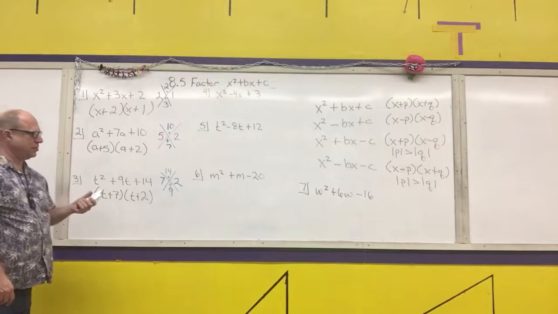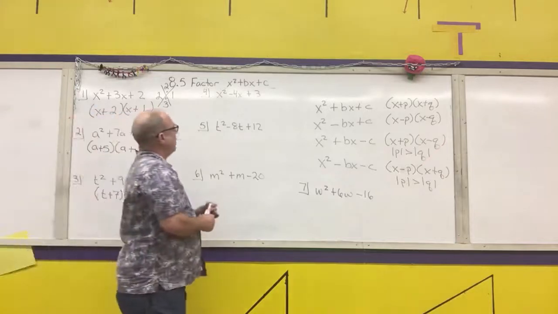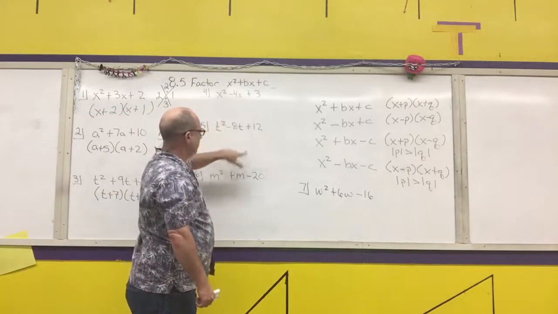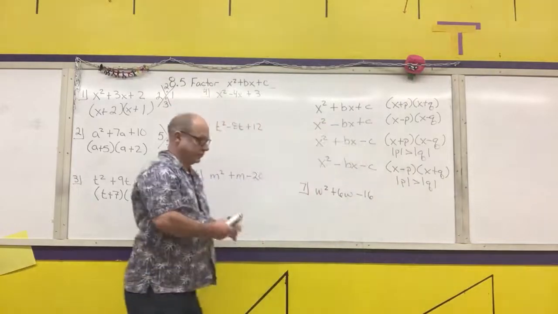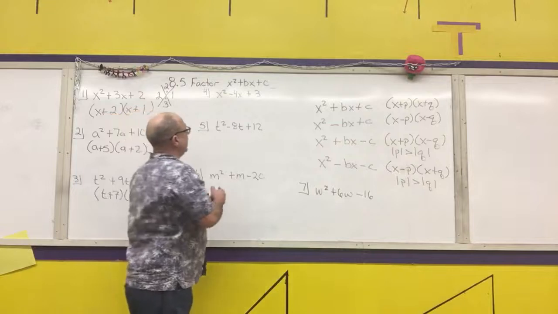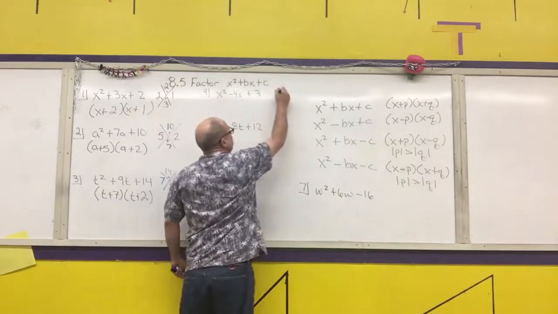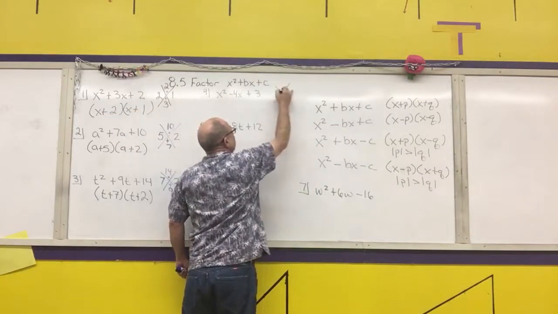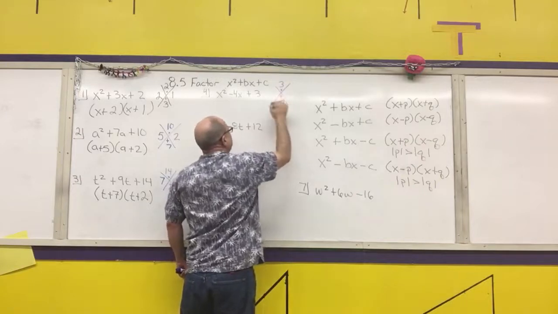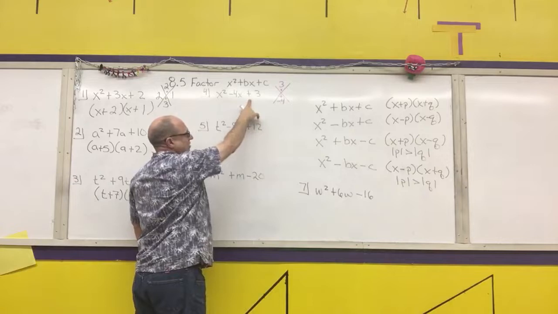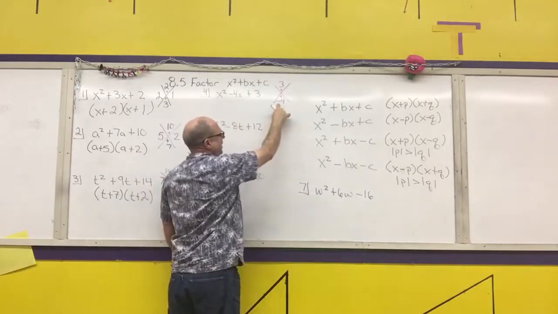The last examples have our opposite signs here. Okay, so we're going to use some of these other patterns. In this case, I need two numbers that multiply to a positive 3 that add to a negative 4. It's a positive, so they have to have the same sign, and the sign's going to be negative.